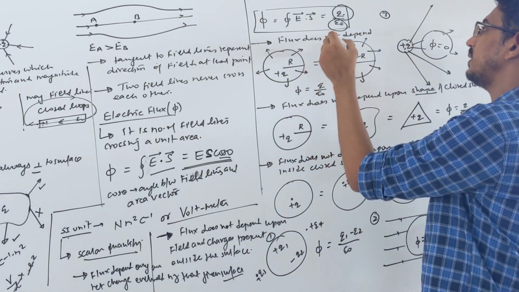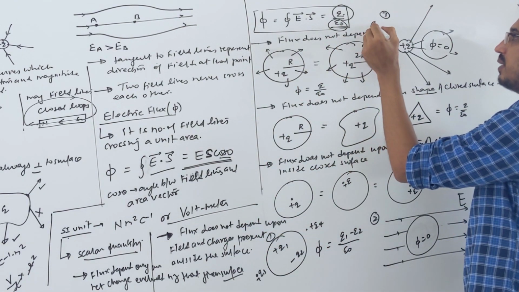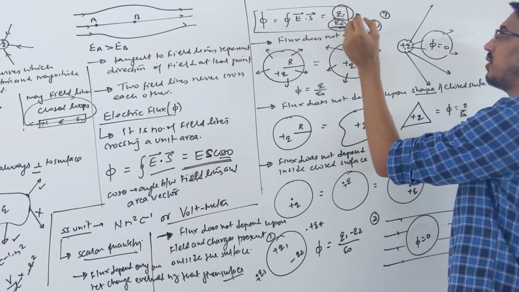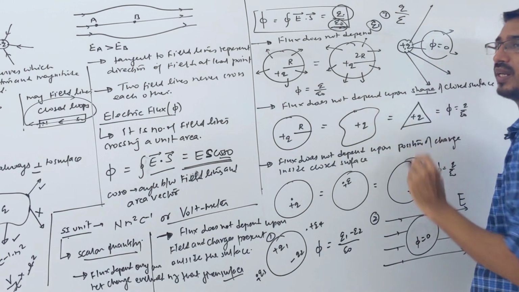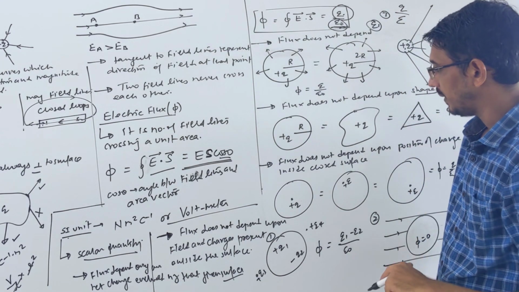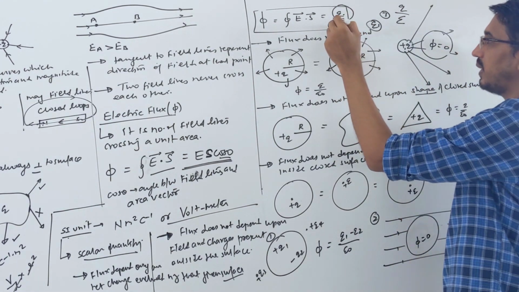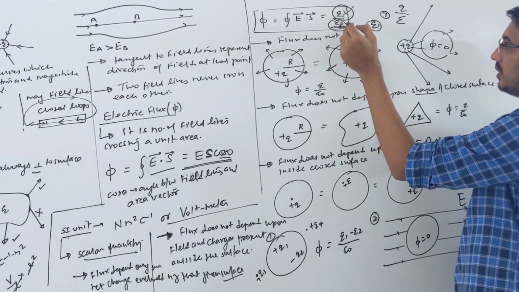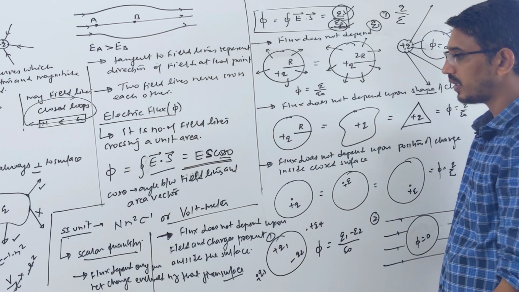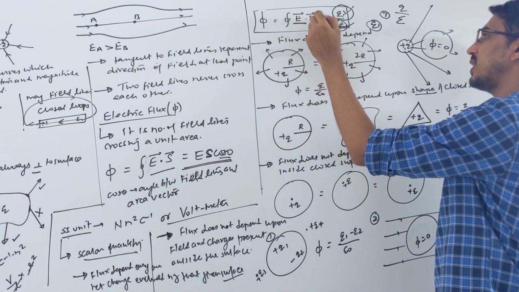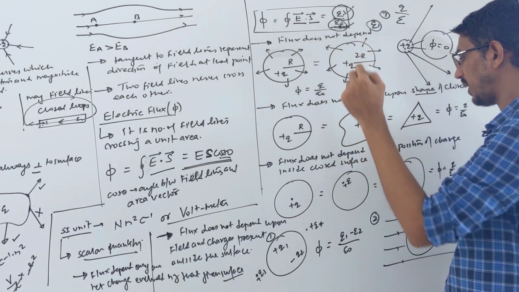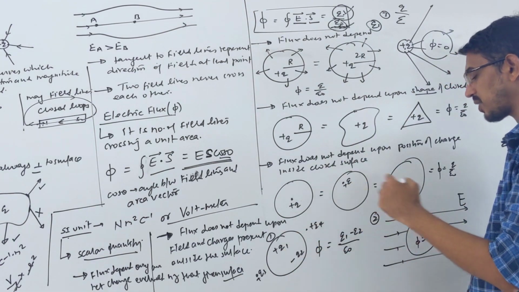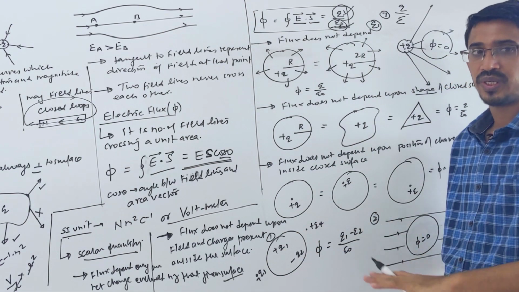So when a medium is given, then here it will change, you have to write the permittivity of the medium instead of the permittivity of free space, q upon epsilon. So it depends on the medium also, but we will generally not see this. So it depends on charge, and medium. It does not depend upon field, area, shape or size of the area, or position of the charge inside. External charges and external field will not contribute toward your flux.